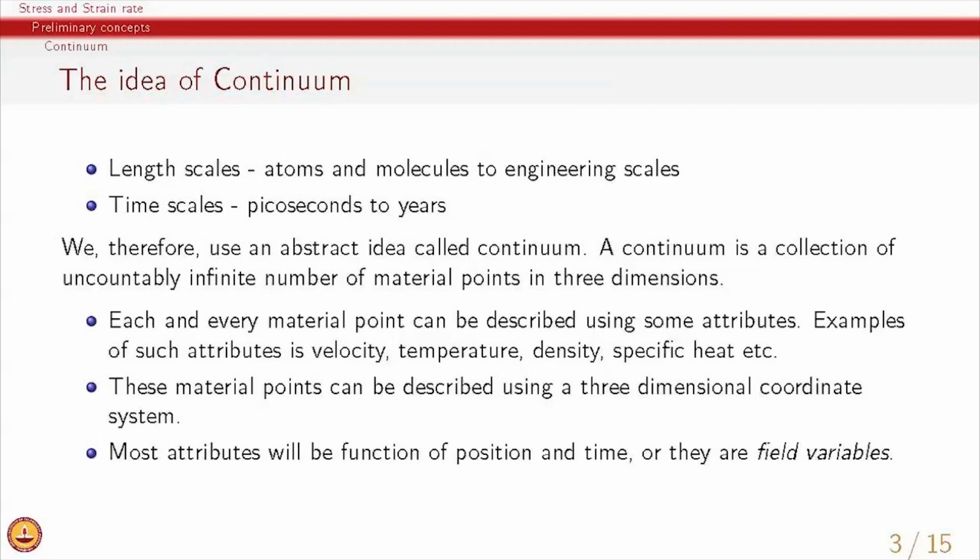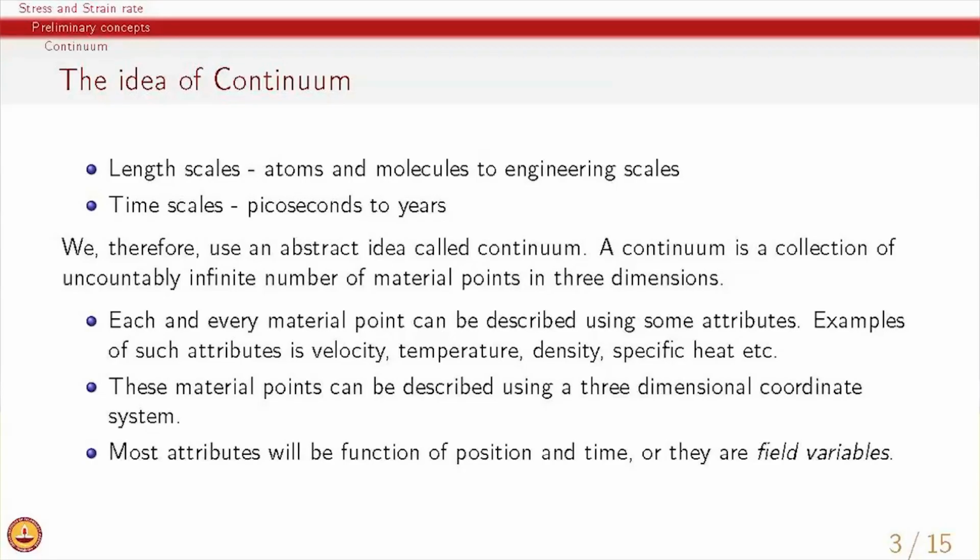We have the material being composed of atoms and molecule scale, and in case of multi-phase system in terms of droplets and particles, and in case of macromolecular system individual macromolecules and so on, all the way till engineering scale, which could be of millimeter and meters length.